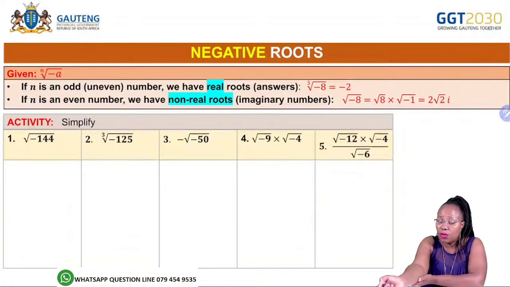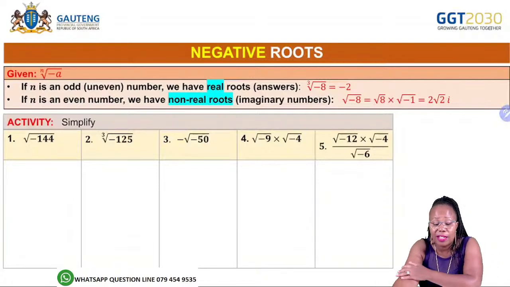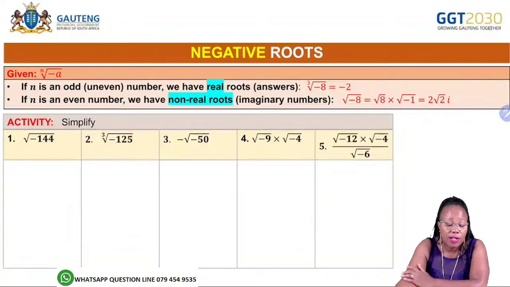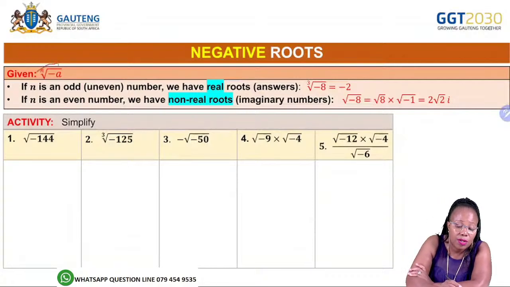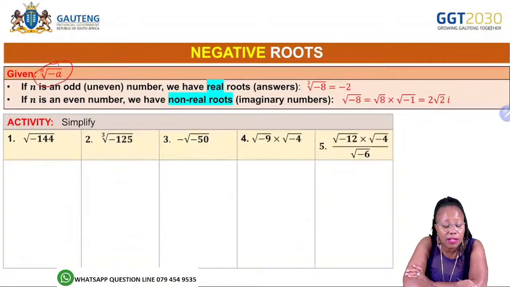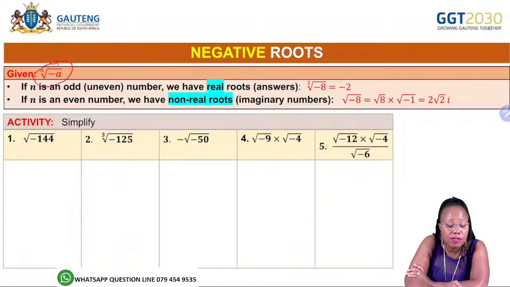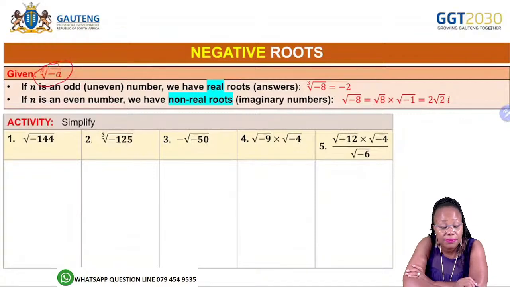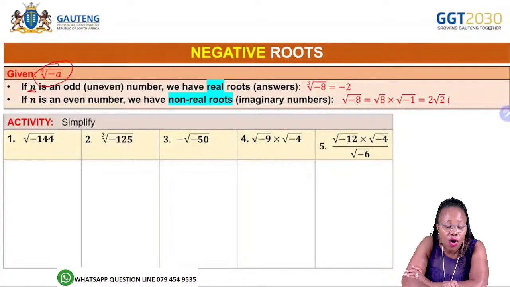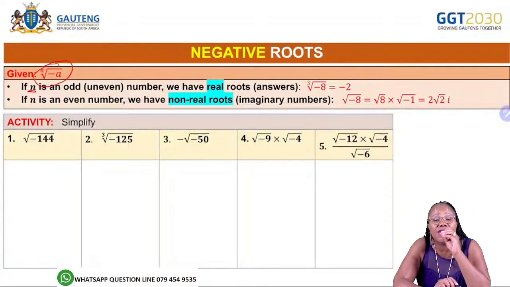Okay, then we are done with the powers. We now look at the negative roots. And then now let's say we are given a root sign, a set form like that one, where they say the nth root of a particular negative number is given to you. And then now the statement here indicates that if this n here is an odd or uneven number, an odd number is the number that is not even.